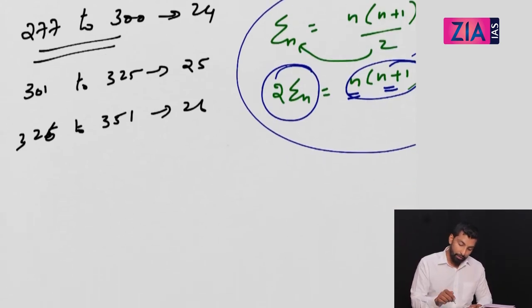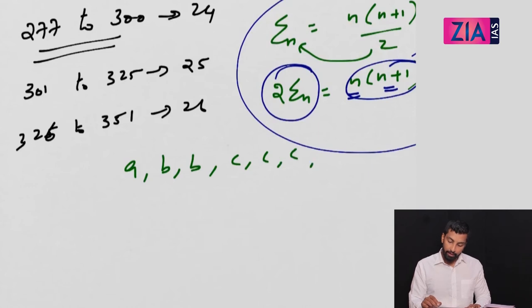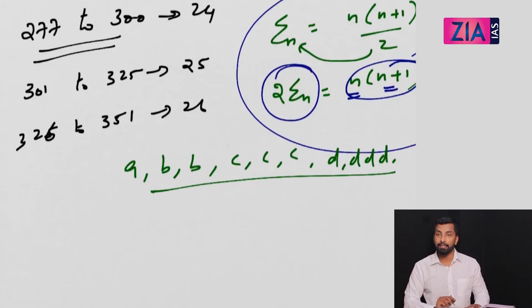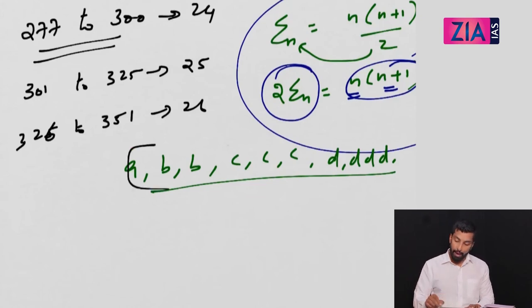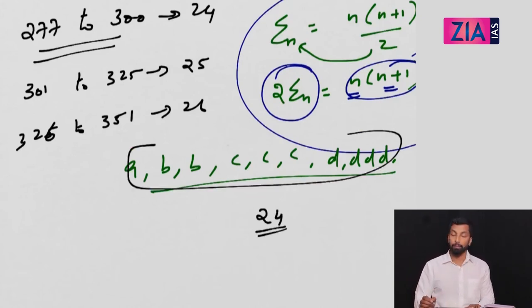Now let me give you the previous question which I have discussed. Instead of 1, 2, 3, I put A, B, B, C, C, C, D, D, D, D, etc. The answer is the same. If it was a number, you get 24 as the answer. Now, instead of 1 it is A, instead of 2 it is B, instead of 3 it is C, instead of 4 it is D. So instead of 24, what will be the answer?